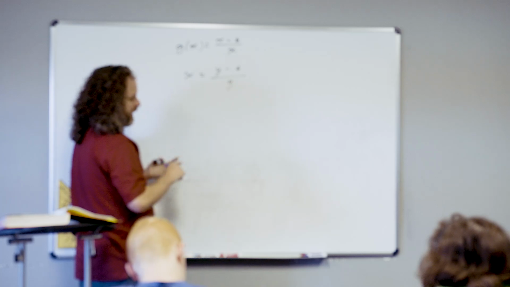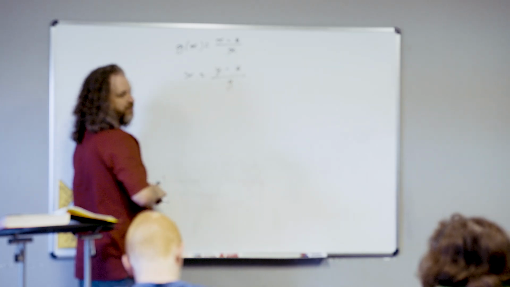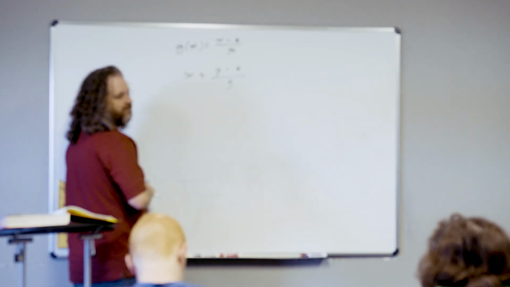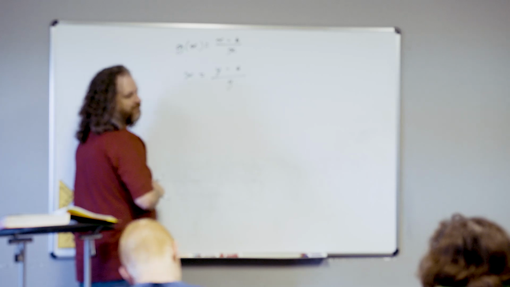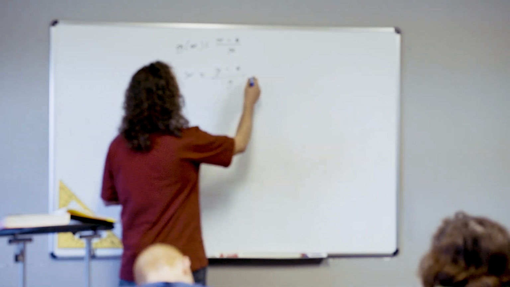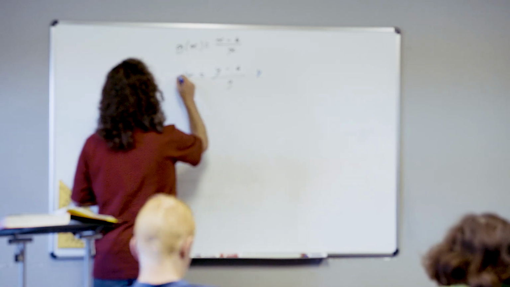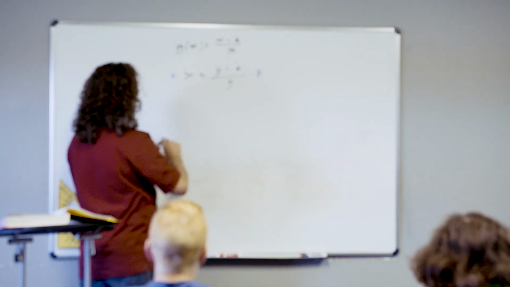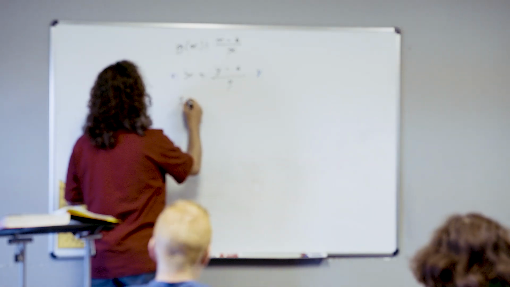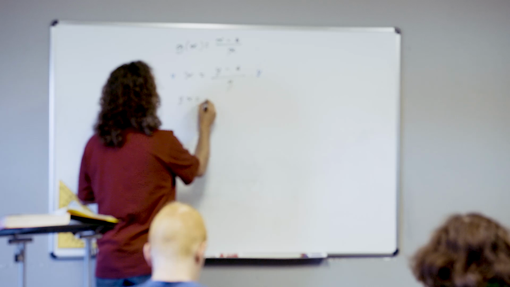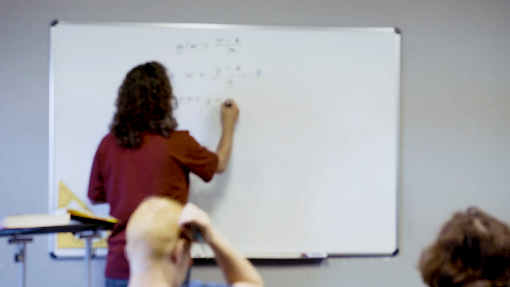It's divided. You multiply to get rid of it, right? So times y and then times y. So we've got yx equals y minus 6.